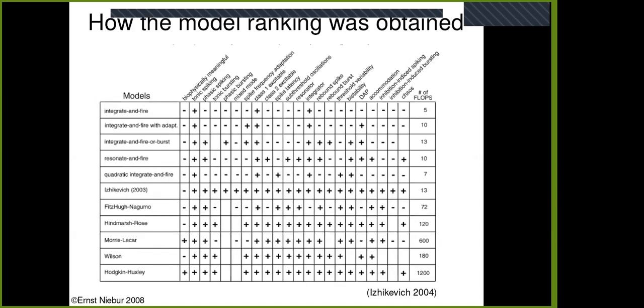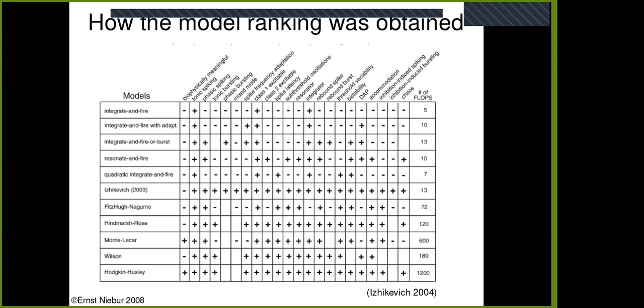We are not going to go into any details, but this is an overview of all the features that the models may have. You can see them at the top: biophysically meaningful, that's the first one, and then tonic spiking, phasic spiking, tonic bursting, and all that.